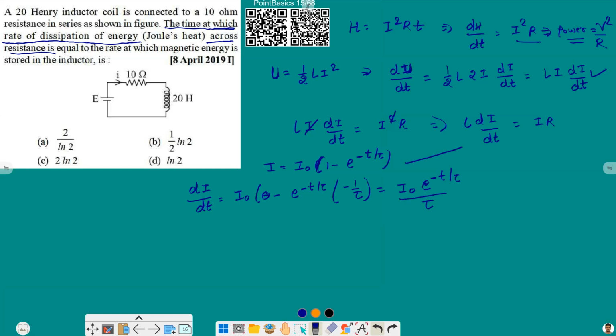Now we will substitute both of these values here. So we will get L I0 e^(-t/τ) divided by τ is equal to I0(1 - e^(-t/τ)) into R.